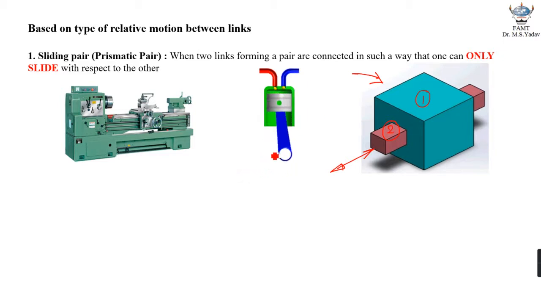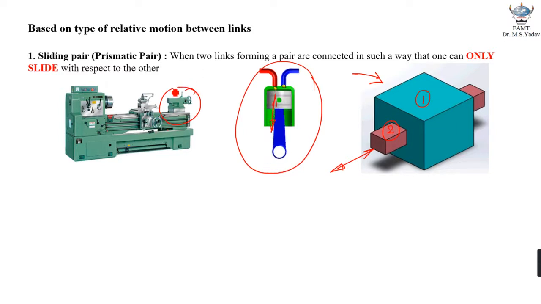The second example is this one, piston and cylinder arrangement in an internal combustion engine. Once again, this piston can only slide with respect to the cylinder. And one more practical example is right over here, the one which is already discussed, the tailstock of a lathe machine. So this tailstock can only slide with respect to the bed.